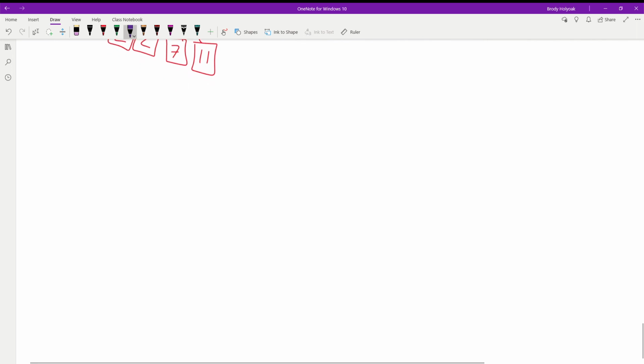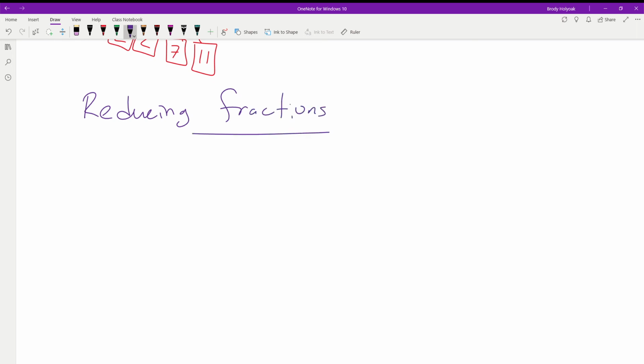So the idea behind prime factorization is, what can I take out of this number to be able to reduce it farther? Okay. So when we're reducing fractions, we want to take out the same value of the top and of the bottom. So to start simple, okay, I have 2/4.